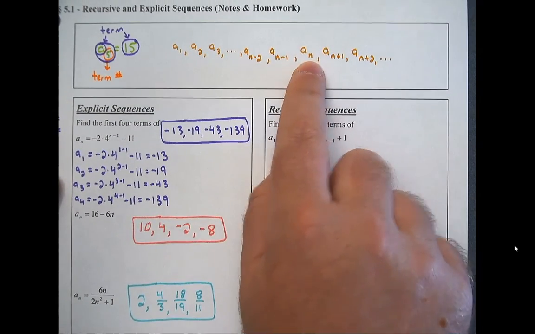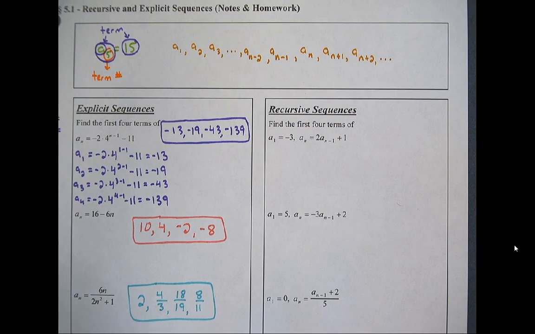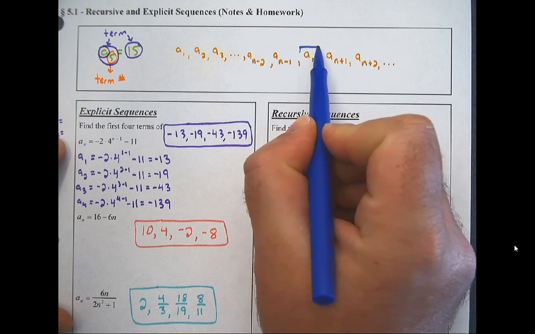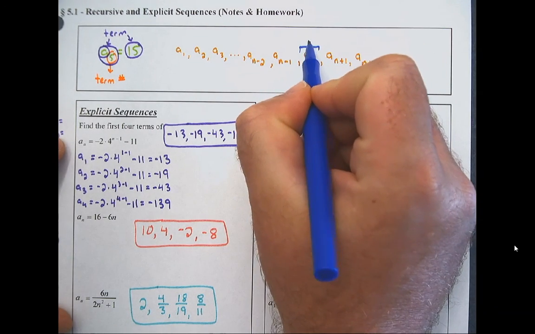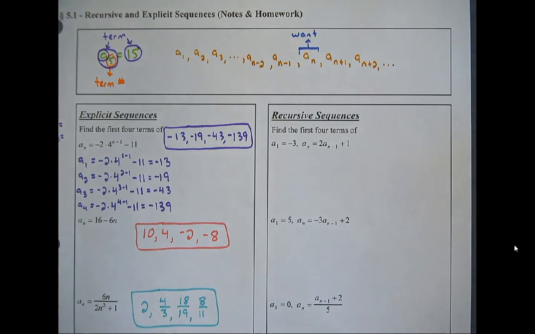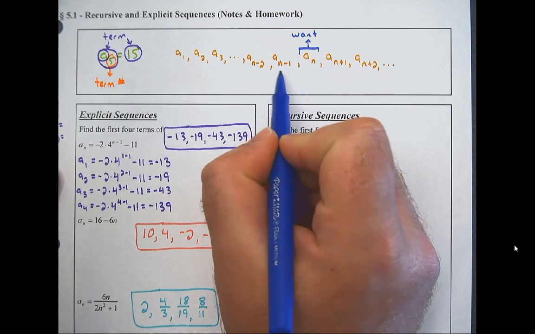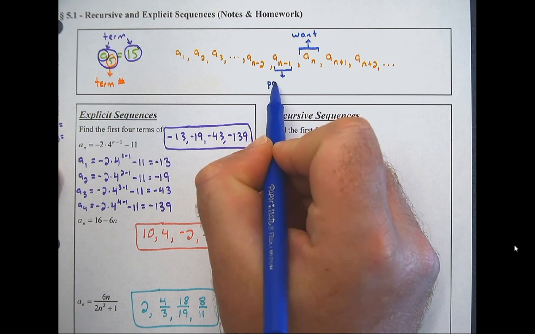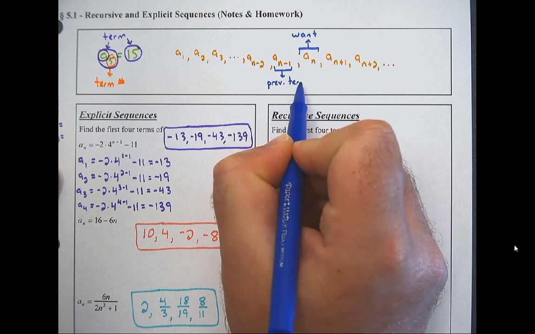So the way I think about it is a sub n is the term that I want. Now, if the term that I want is based on the term before it, then a sub n is based on a sub n minus 1. That's called the previous term.